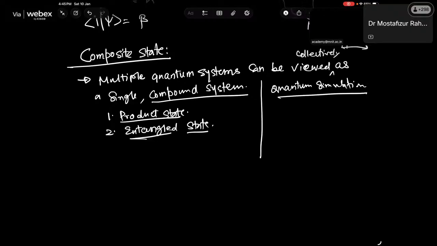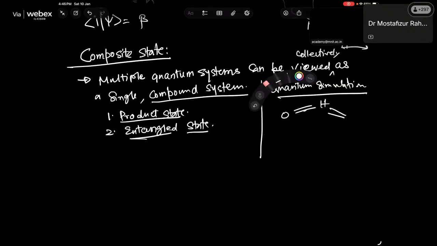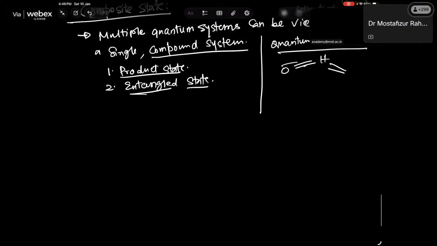So suppose you have an atomic configuration, say a water molecule, H2O. 2 hydrogen and 1 oxygen, right? Digital boards are time consuming often.